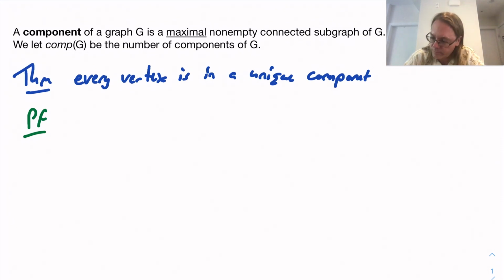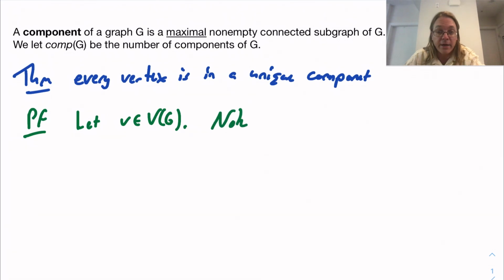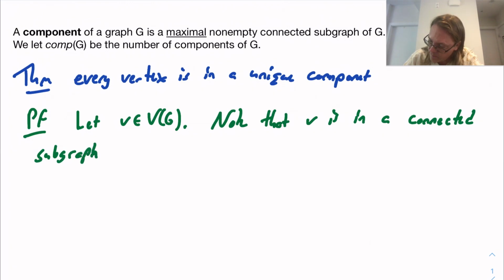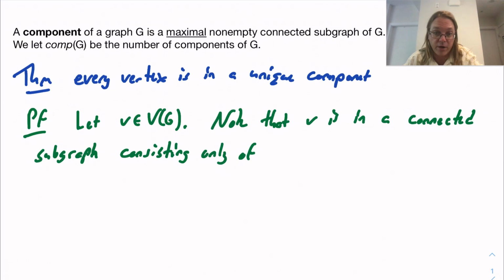So let V be a vertex, and let's note that V is in some connected subgraph, the one consisting only of that vertex V, no other vertices and no edges.